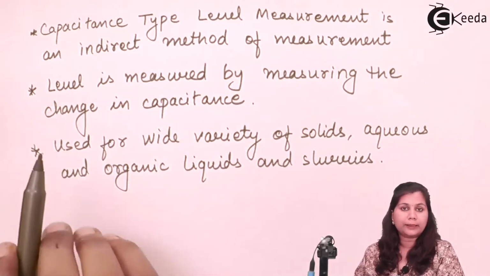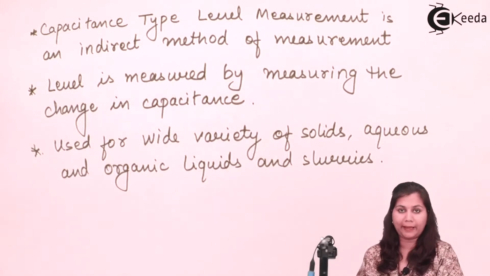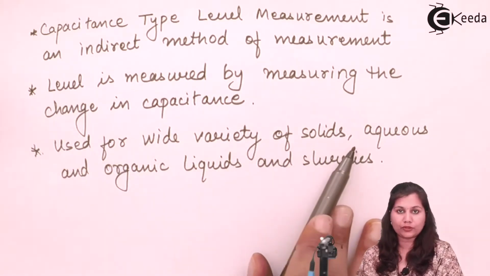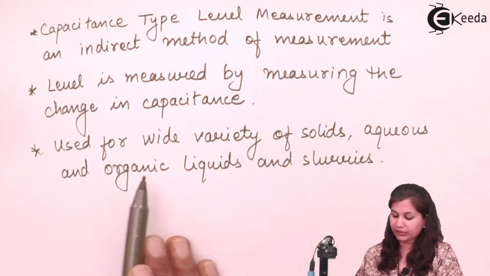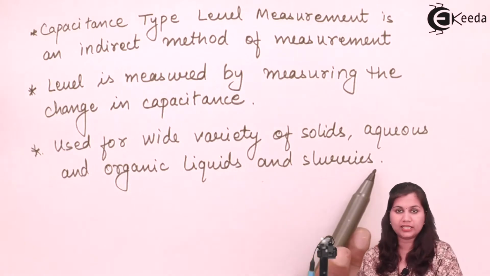The capacitance level sensors are used for a wide variety of solids, aqueous and organic liquids, and for the measurement of the level of slurries.